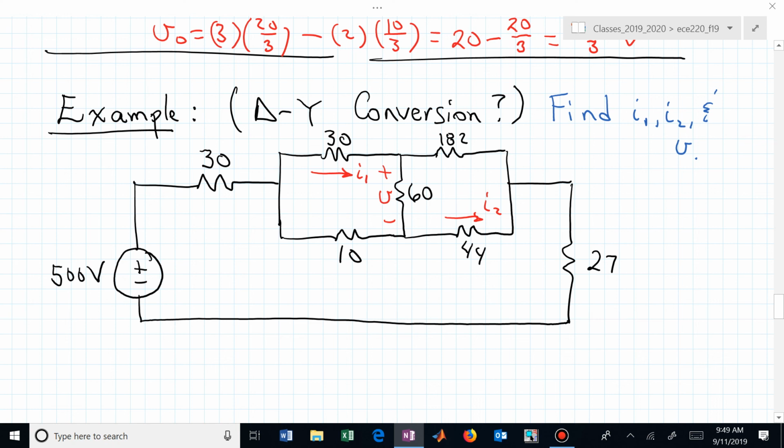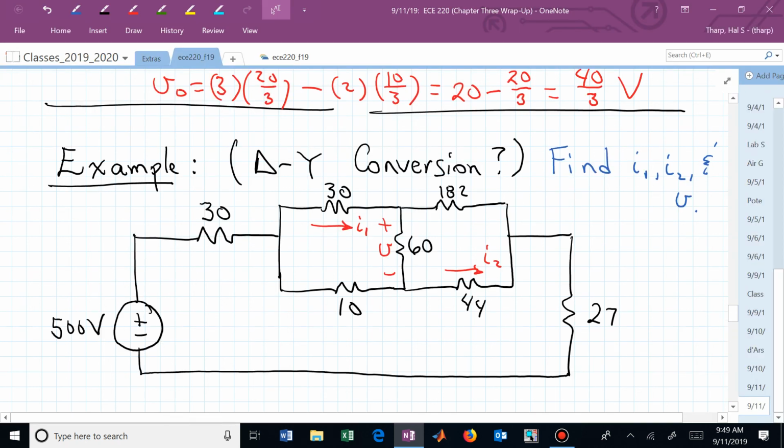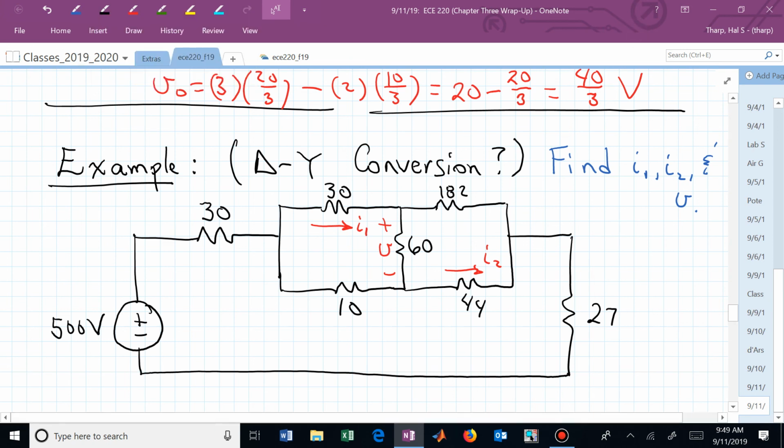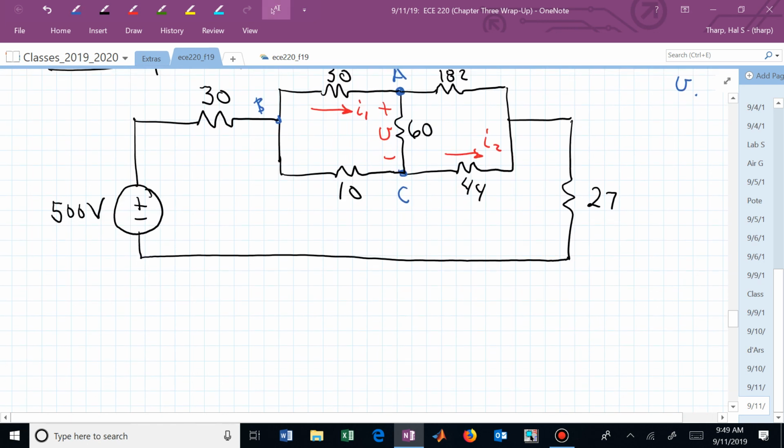It's now in a delta. You could label this, say, A, B, and C, and you could redraw it.